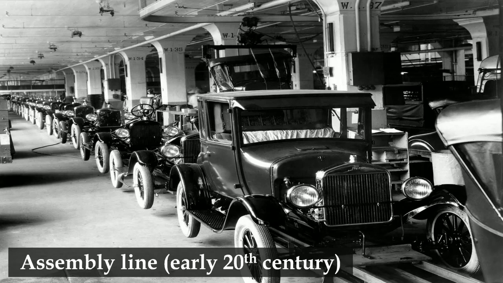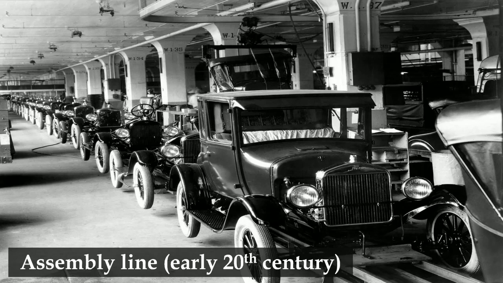Maybe he has to set the wheel of the car, or the steering wheel, or the lights, but every worker did the same job in every one of these cars. The cars were moving forward, and every worker had a specific duty within the chain of production. So this led to a huge increase in productivity.